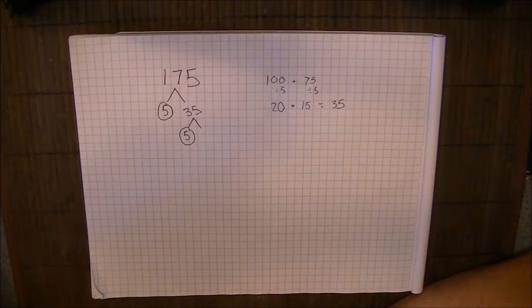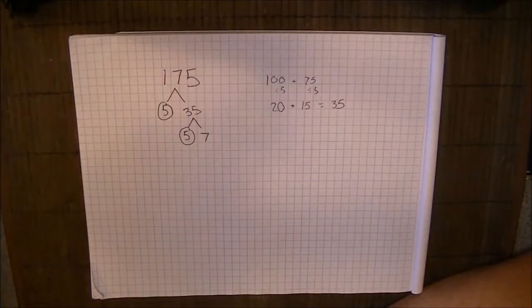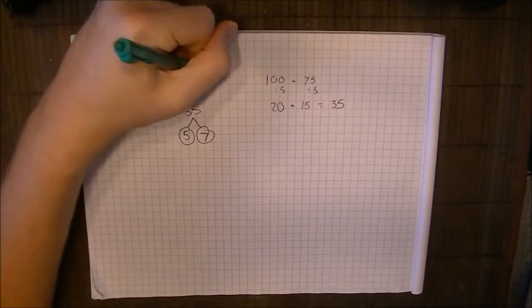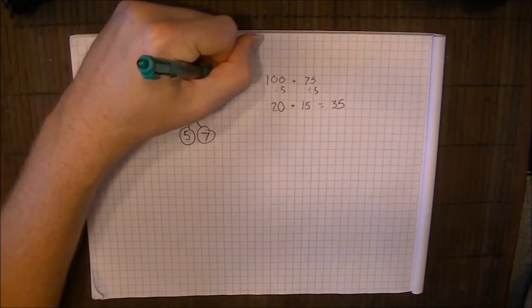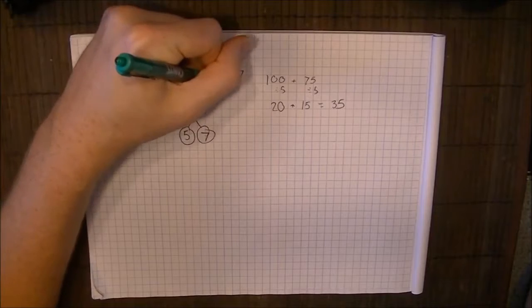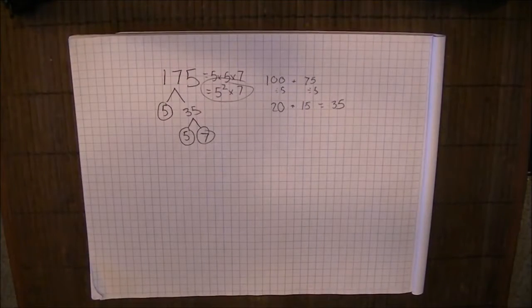Multiplying by 2, 3.5 plus 3.5 is 7. And 7 is a prime number, so I can circle that. And so 175 is equal to 5 times 5 times 7. Or, put more succinctly, 5 squared times 7. So that is my answer, my prime factorization of 175.